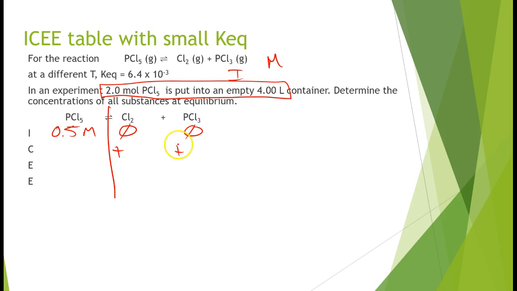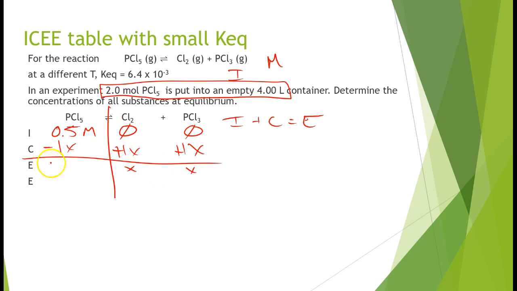They're going to gain, and this is going to lose. The amount they're going to gain and lose is a variable based on their coefficients. So we're going to say x has a coefficient of 1, 1x. At equilibrium, initial plus change gives you equilibrium. I have x, x, and 0.5 minus x.